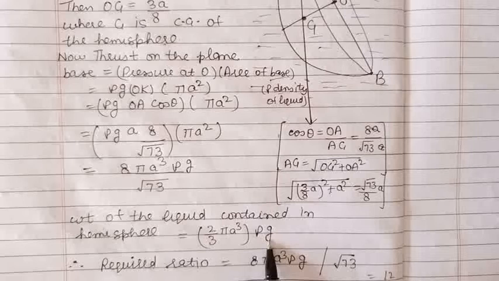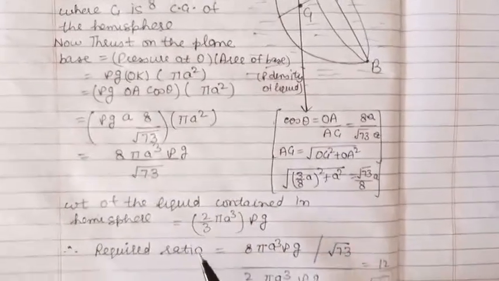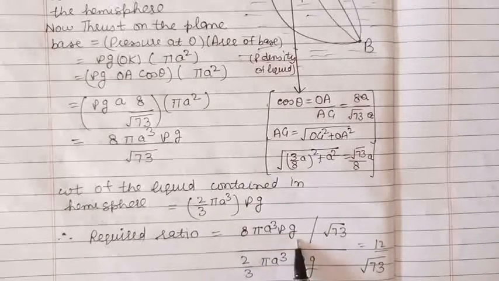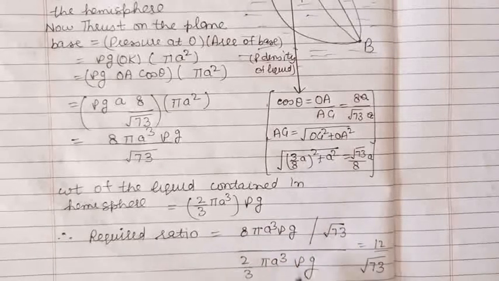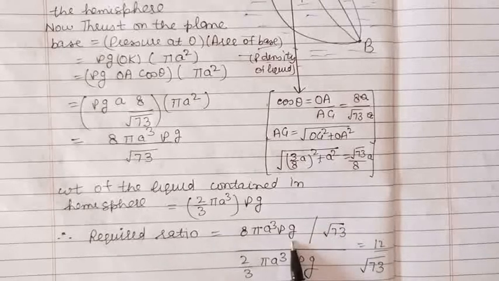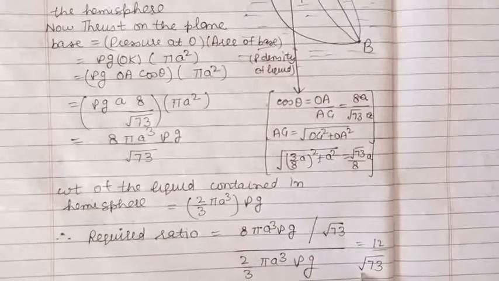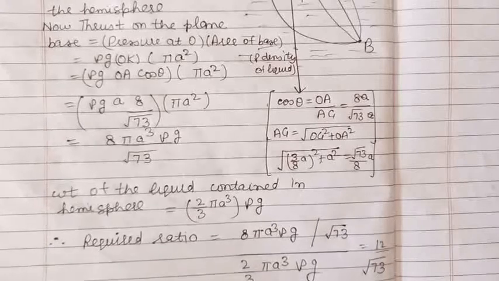Now because we are to find the ratio of thrust on the plane base and the weight of the liquid contained in the hemisphere, dividing the two, this can be written as 8 pi a cube rho g upon root 73 divided by 2/3 pi a cube rho g. So simplifying this expression, we get the required ratio, which is 12 to root 73. So this completes the solution of this problem.